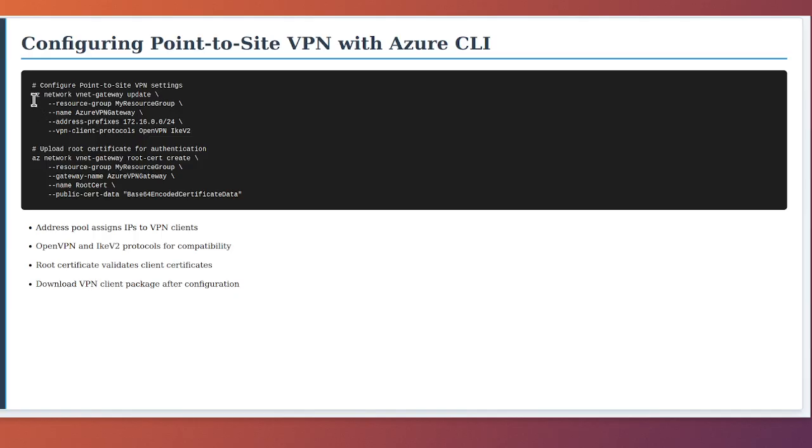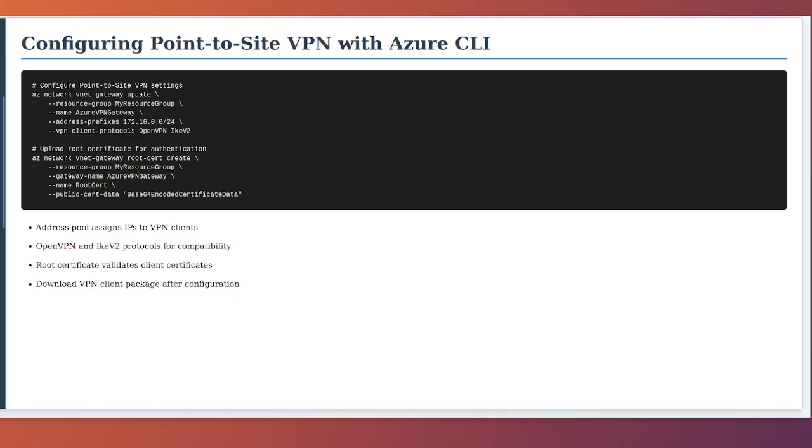The first command configures the point-to-site VPN settings using the az network vnet-gateway update command. The resource group parameter specifies which resource group contains your VPN gateway. The name parameter identifies your VPN gateway resource, shown here as Azure VPN Gateway.